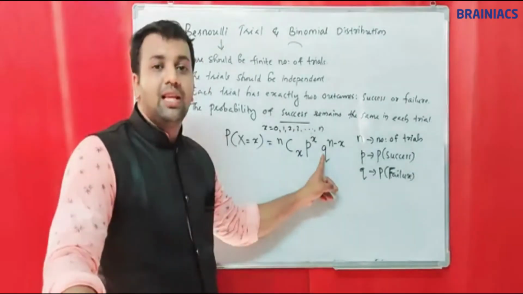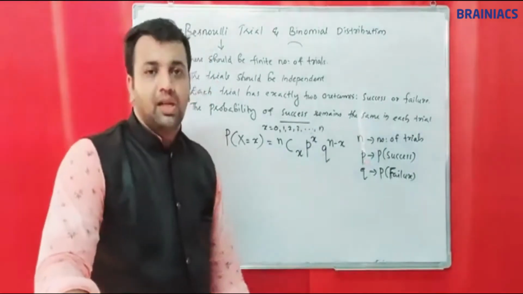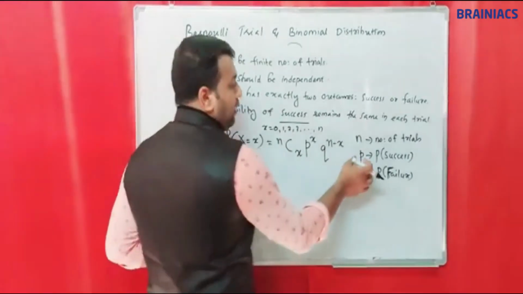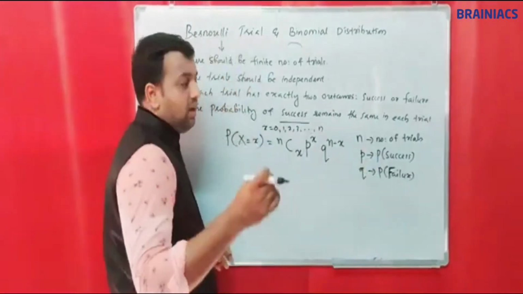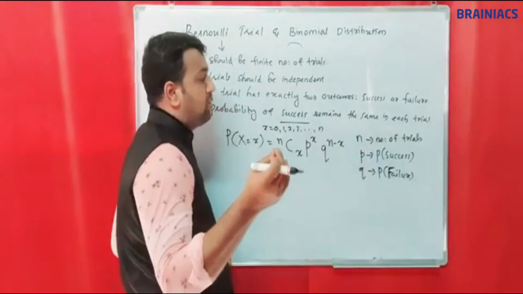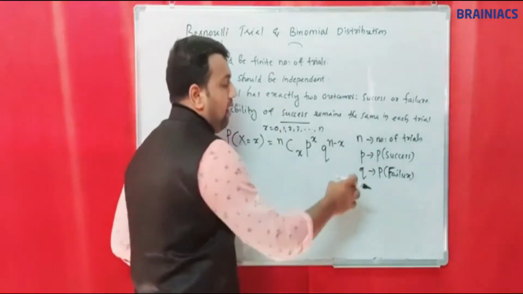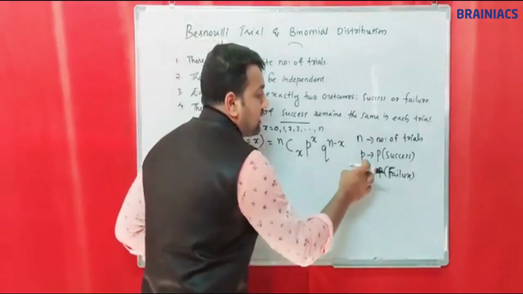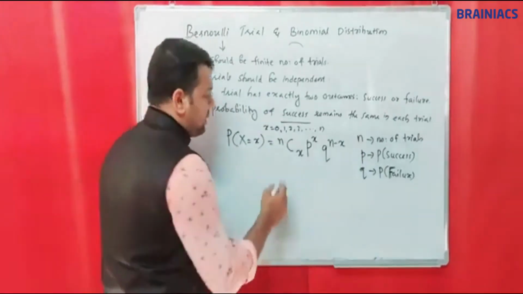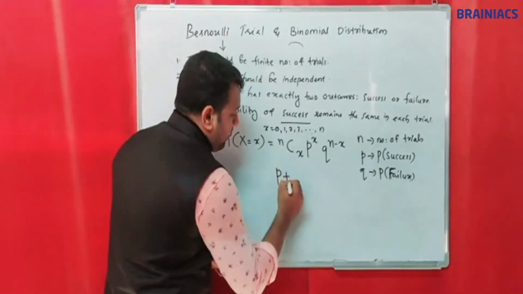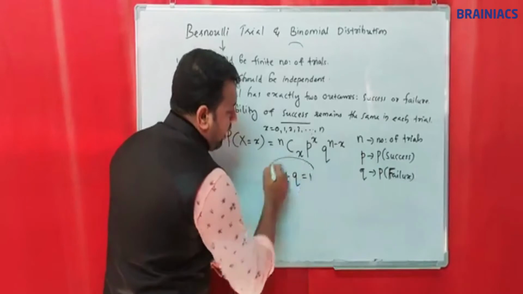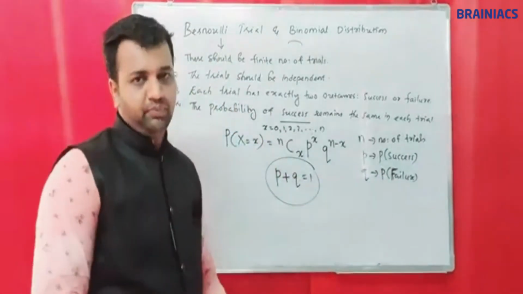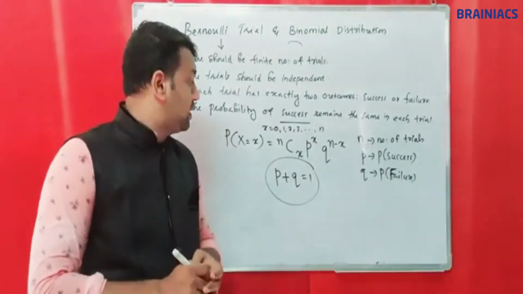The probability of failure can be calculated from the probability of success by the equation p plus q is equal to 1. How did p plus q is equal to 1 come?